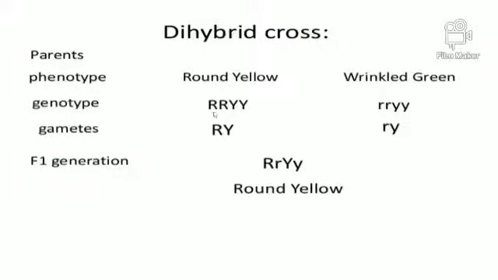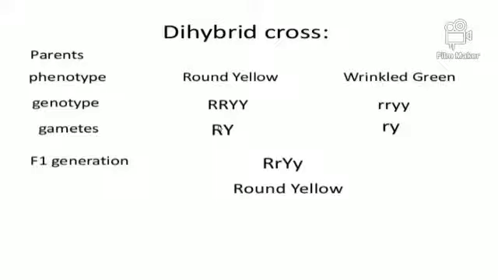The genotypes are capital R for round, capital Y for yellow, whereas wrinkled is small r and green is small y.